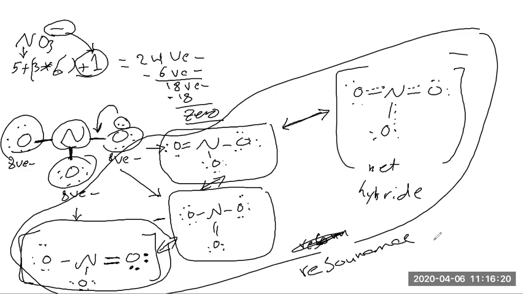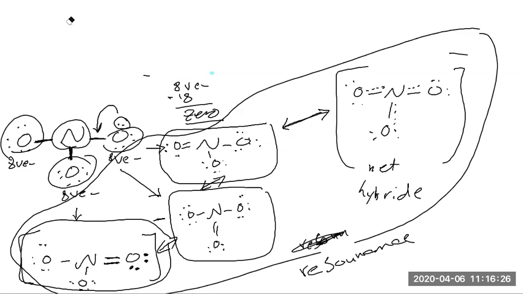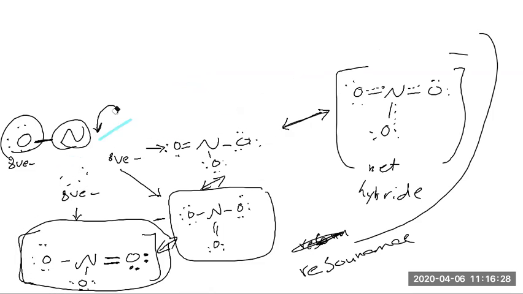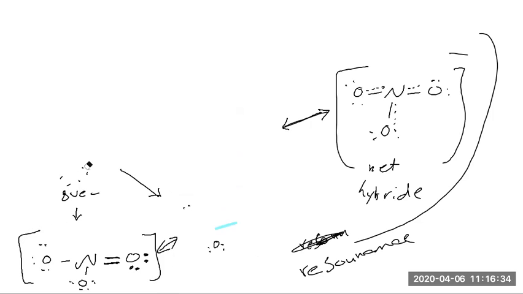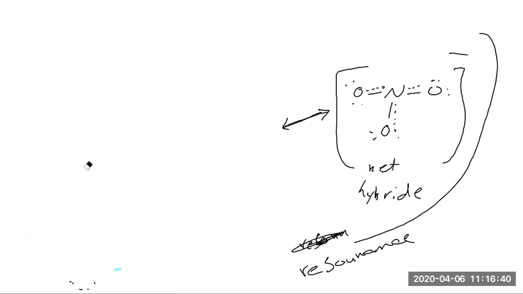Let's do another example for the resonance structure. Resonance structure usually represents the delocalization of the electrons, not the atoms. Be careful. We will have it when we have more than one possible position for the double bond.